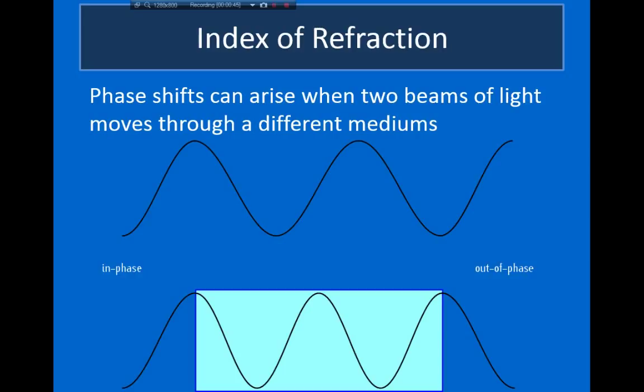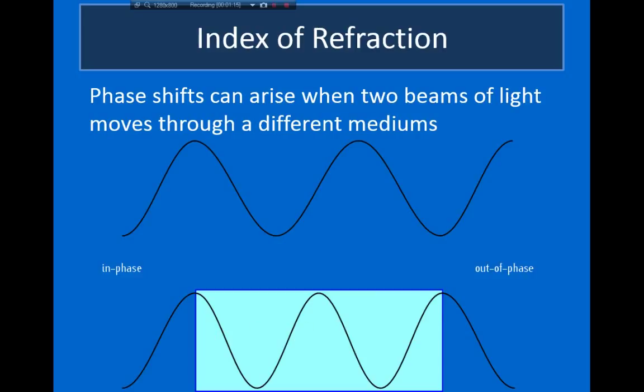And because of the effect that this material has on this wave's wavelength, these two waves will interfere with each other. So for example, here we have these two waves, and these two waves are starting out in phase. So we can see they're starting out at minimums here, they go up to a maximum at the same points, they're initially in phase. However, when this wave on the bottom of the screen passes through this material, its wavelength decreases. And as a result, this wave on the bottom of the screen will undergo 1/2 of an oscillation more than the wave on the top part of the screen as it moves through this material.